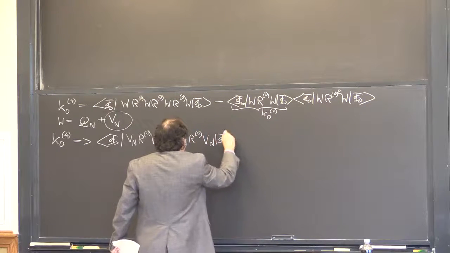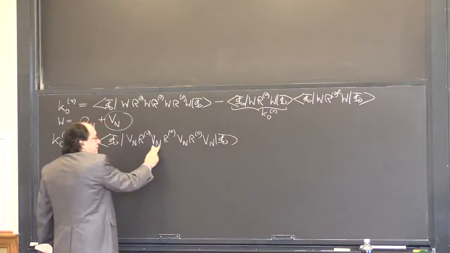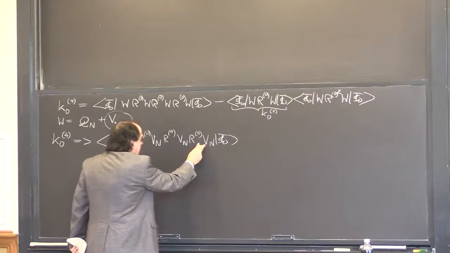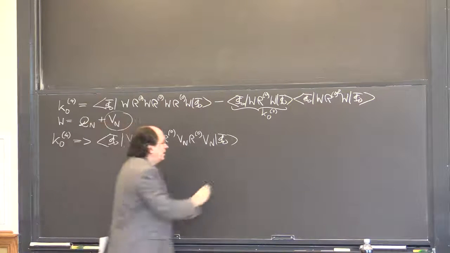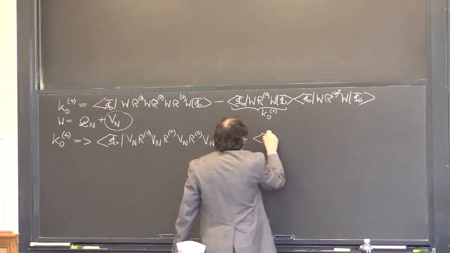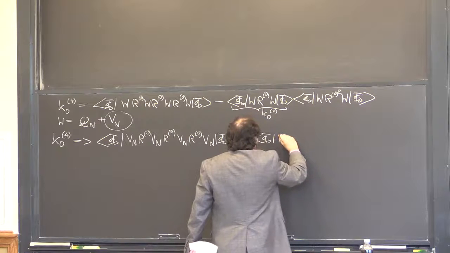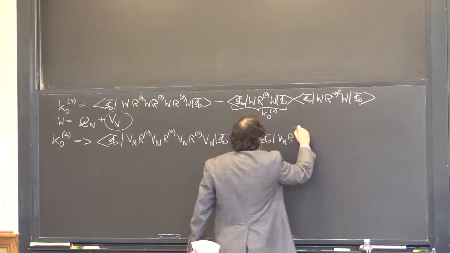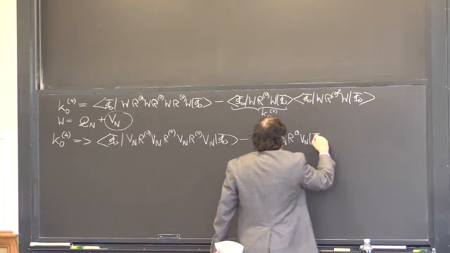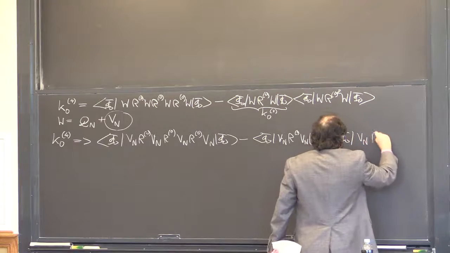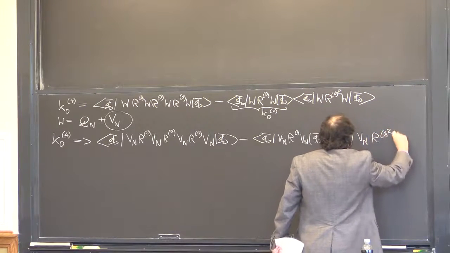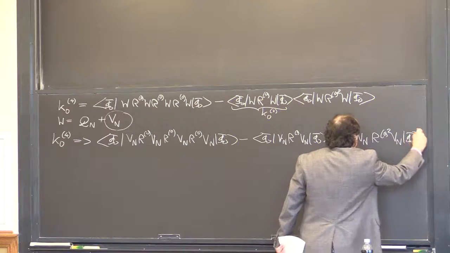So this is the principal term, Vn R0, Vn R0, Vn R0, Vn, okay? Or in other words, Vn and then R0 Vn cubed, minus the expectation value of Vn R0 Vn in Phi0, times Phi0, Vn square of the resolvent, Vn Phi0, okay?